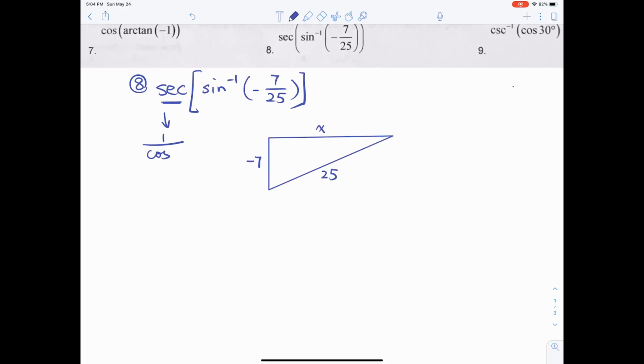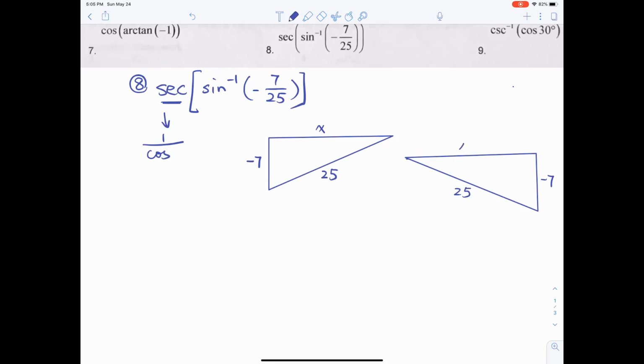But actually, we can draw it like this also. This is -7. This is 25.